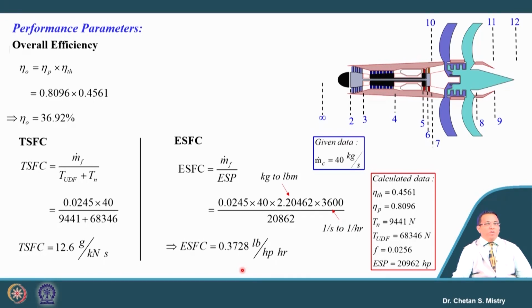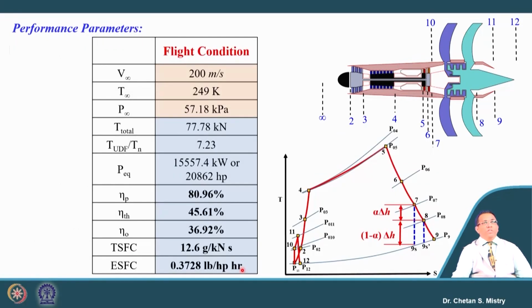I am sure this gives you an overall idea of the calculation of the performance parameters. Let us come to the conclusion. This unducted fan engine is flying at 200 meters per second at an altitude of 6 kilometers, where the pressure and temperature are given.